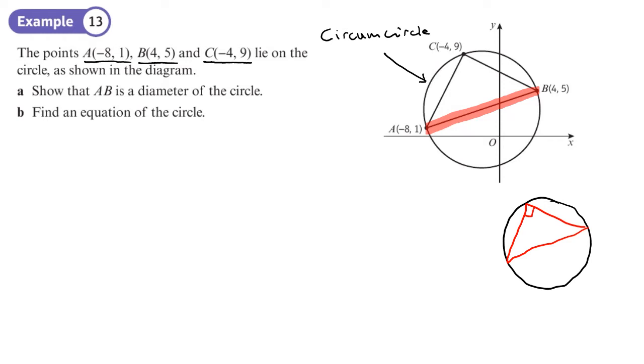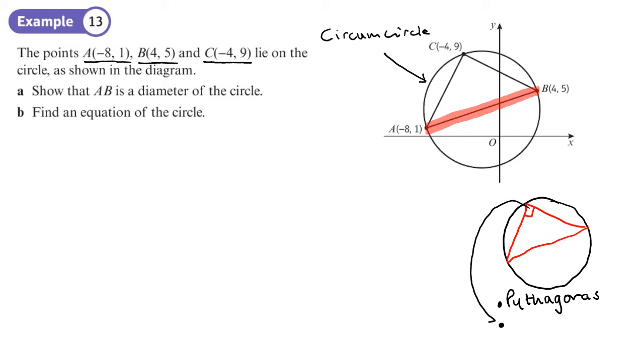So that means two things. That means that either Pythagoras will work on all three sides. So if you do Pythagoras on the shorter sides, you should get the diameter. Or we can prove that we've got a right angle at the top.